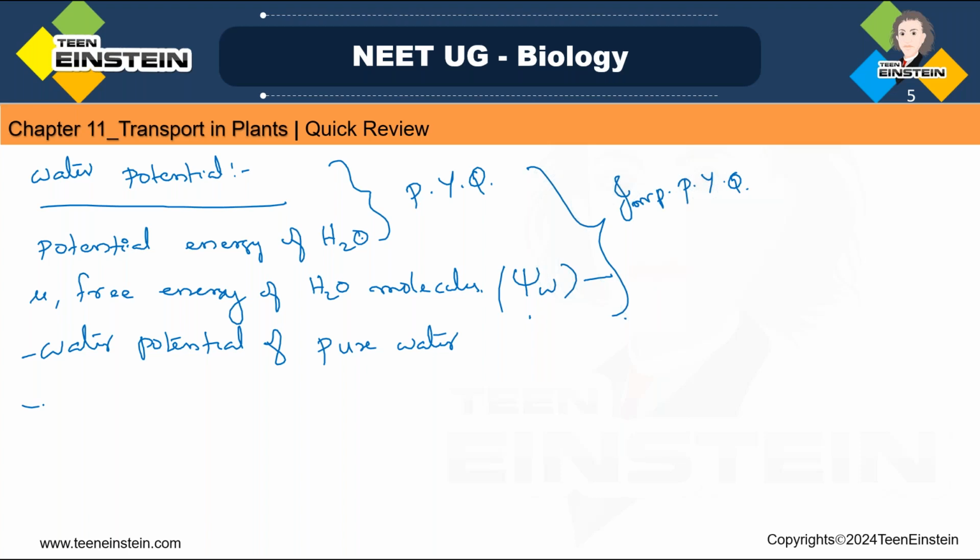So the potential energy of water is called water potential, and what do you mean by water potential? That is the free energy of water molecules, and we mention it as psi W. And the water potential of pure water at atmospheric pressure, sorry, atmospheric pressure, will be zero.